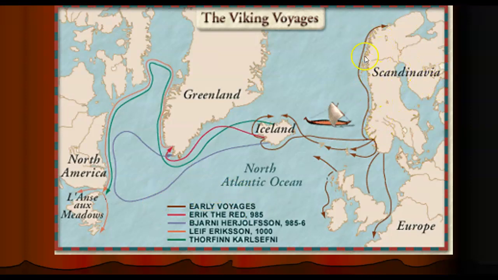You're talking about Norway and Sweden, Finland, also these areas here of Iceland and Greenland. Down here would of course be the British Isles, and then you have Ireland here. So you can see their early voyages. They're coming away from here and moving out into the areas of Iceland and Greenland. You can see the name Eric the Red in 985 AD.